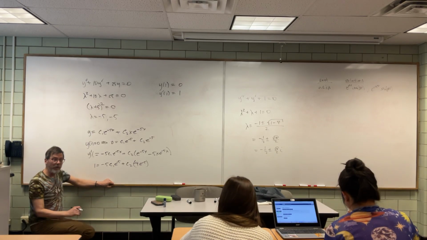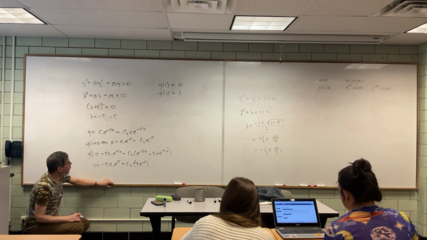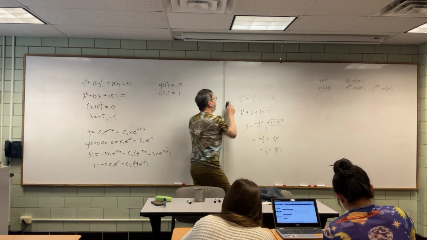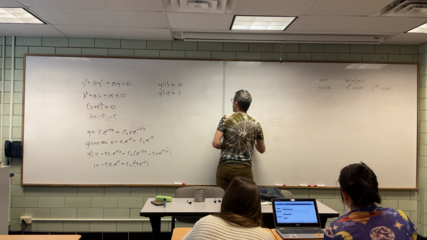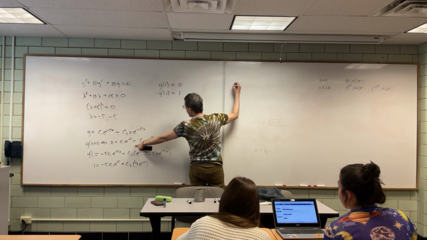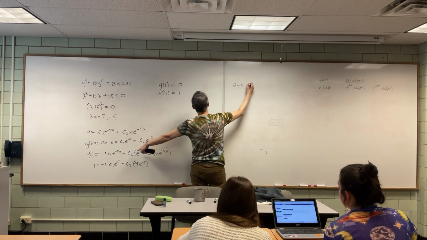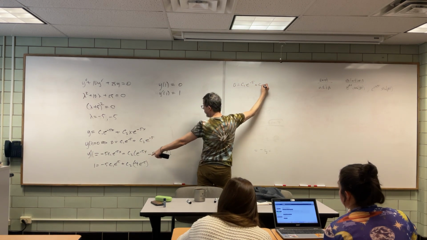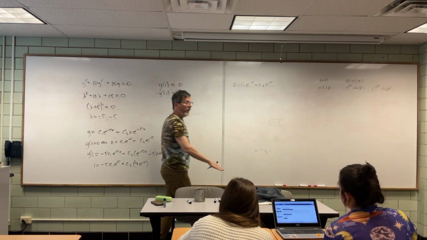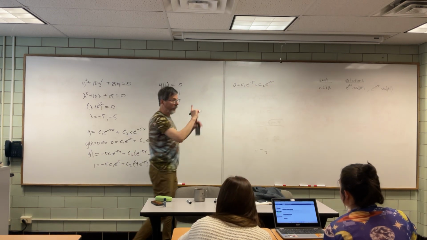Okay, so notice how, actually, there's a couple notices here. The first notice is that this equation here, let's rewrite it. So we've got 0 equals C1 e to the negative fifth plus C2 e to the negative fifth. I can annihilate that e to the negative fifth, right? So I just multiply through by it.